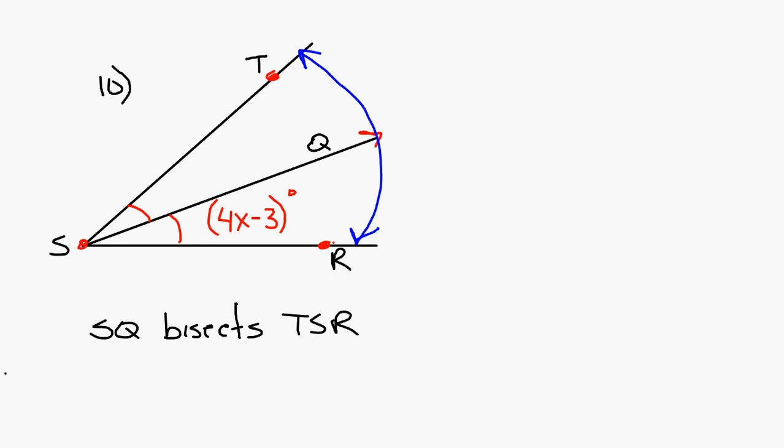Multiply both numbers by 2 to get 8x minus 6. Wouldn't you just multiply one of the angles times 2? All right, so here's your expression. It could be 2 times 4x minus 3, right? Or, like you said, 2 times 4x is 8x, and 2 times negative 3 is negative 6. So there's your expression.